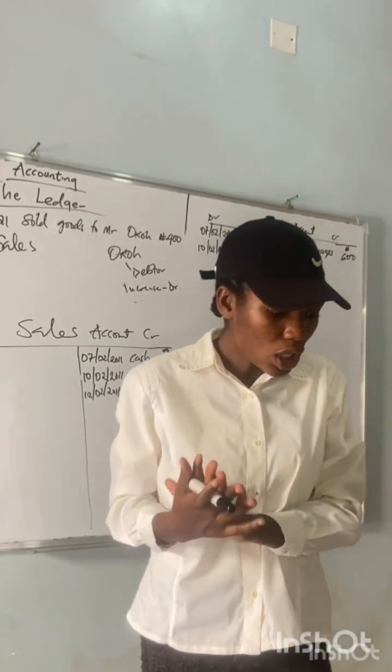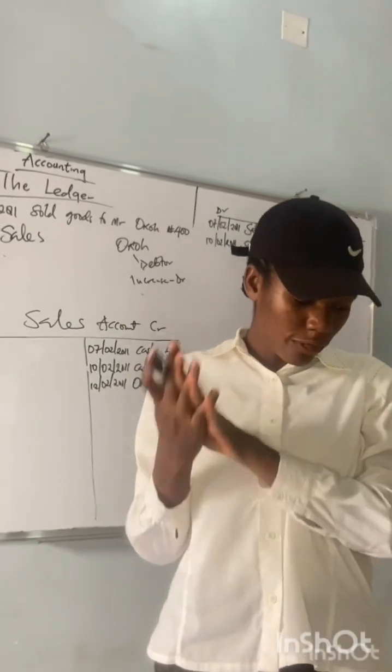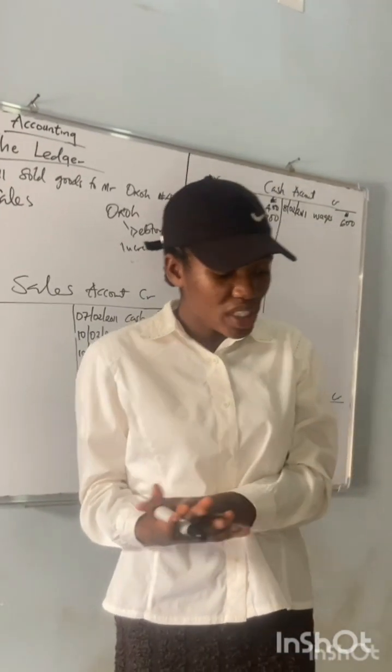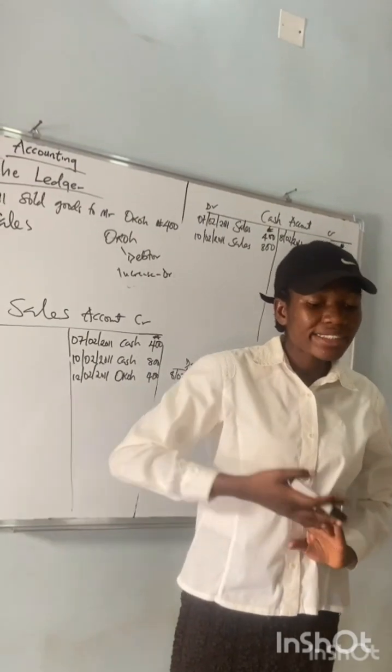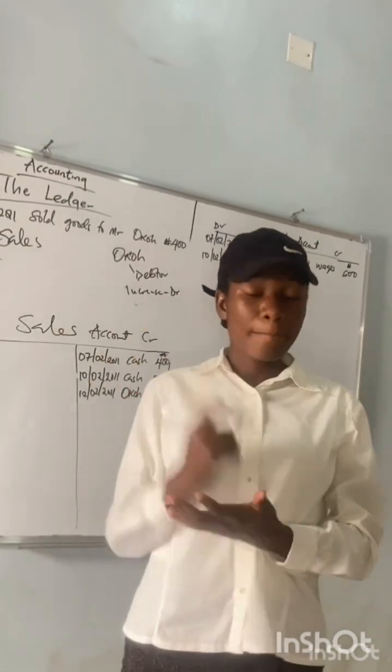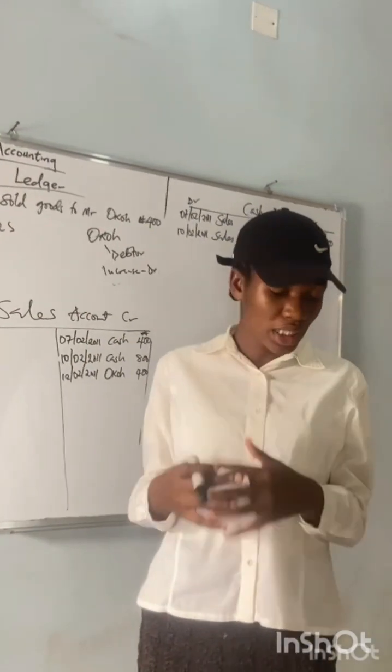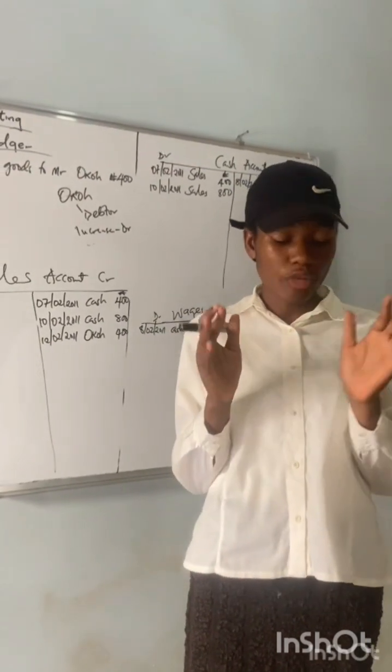Alright, now let's see if we can get one more example. Yes, on the 14th of February 2011, we have cash withdrawn from the business for personal use. That is, the proprietor was withdrawing for his own use.